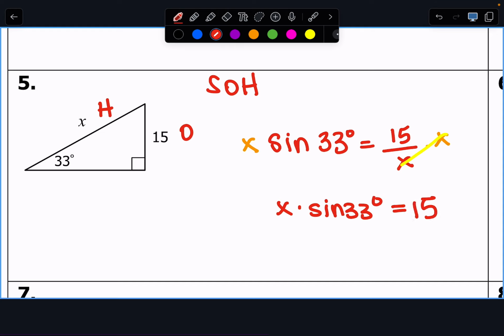How do we get x by itself? We are going to divide by the sine of 33. So in your calculator, you're putting 15 divided by the sine of 33.